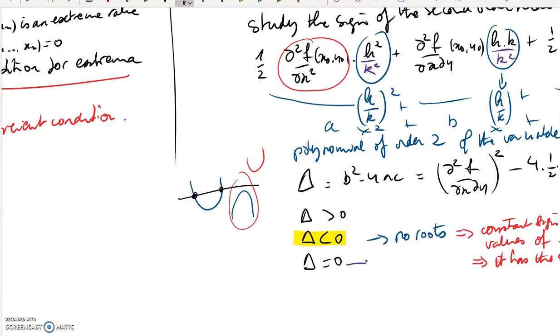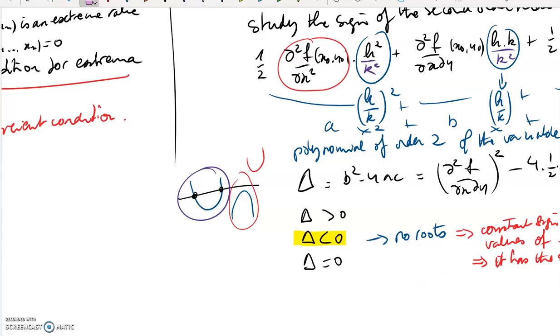So similarly, we have something like this for the conclusion of that. If the delta is positive, it's going to be something like that, where we have roots. So sometimes it's positive, sometimes it's negative. That's exactly the case of a saddle point. Oh, sorry, not that case. Sorry.